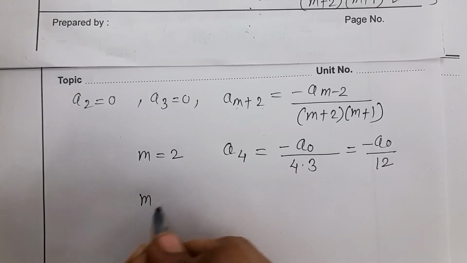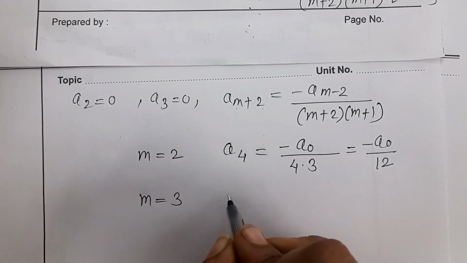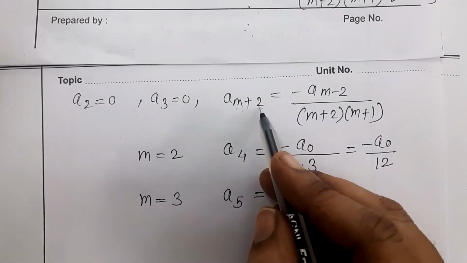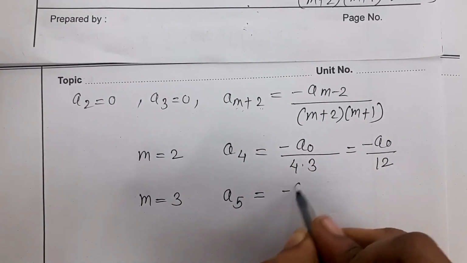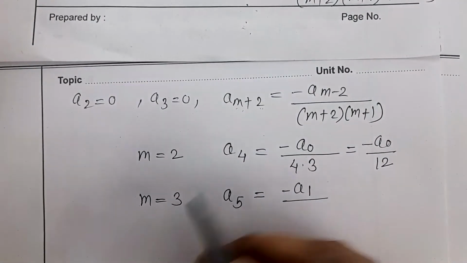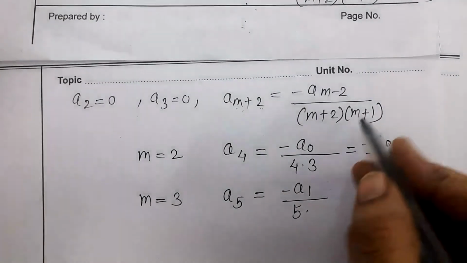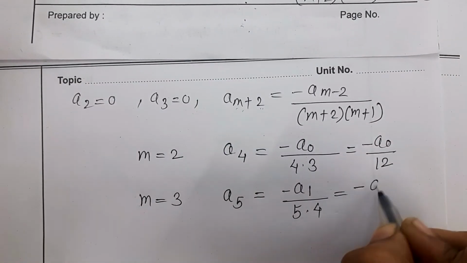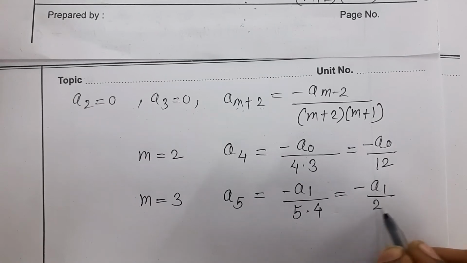Then put m is equal to 3, the next value, that is a5. a5 is equal to minus a(3 minus 2), that is a1, divided by (3 plus 2), 5, multiplied by (3 plus 1), 4, which is equal to minus a1 divided by 20.